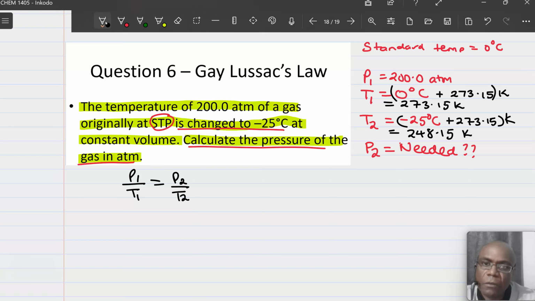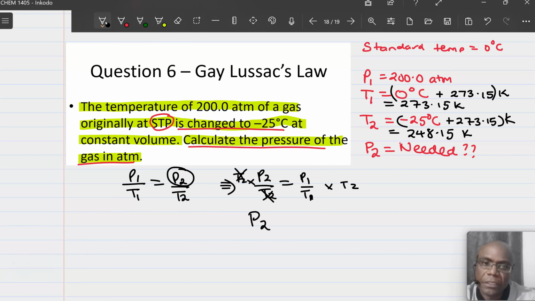I'm looking for the after pressure P2. So again, to make things easy, I'll rewrite it the other way around, starting with P2 over T2, then P1 over T1. Then I'll multiply both sides by T2, like we did before, to get rid of T2.